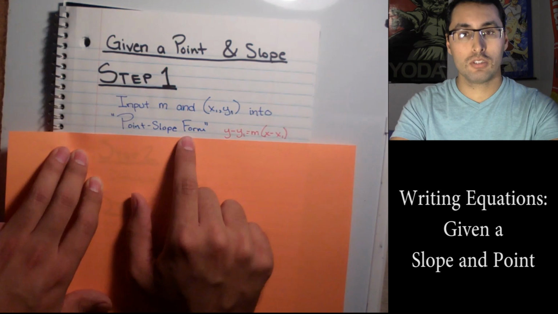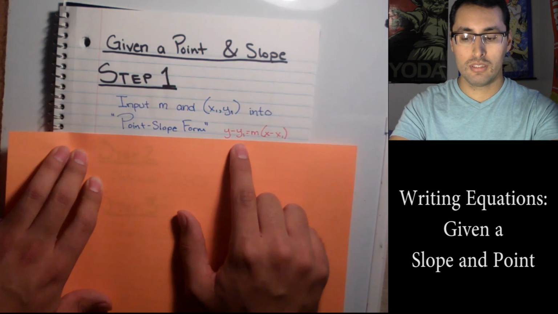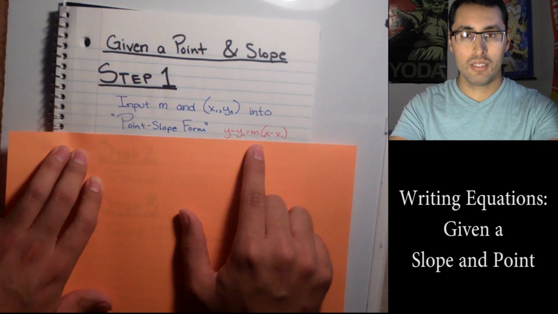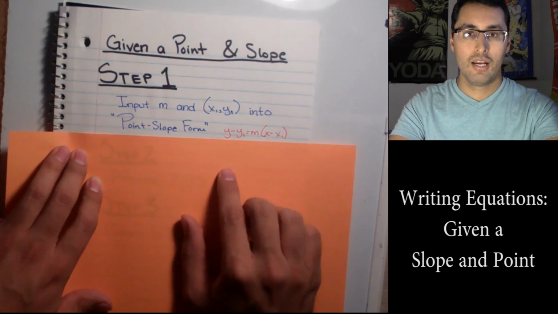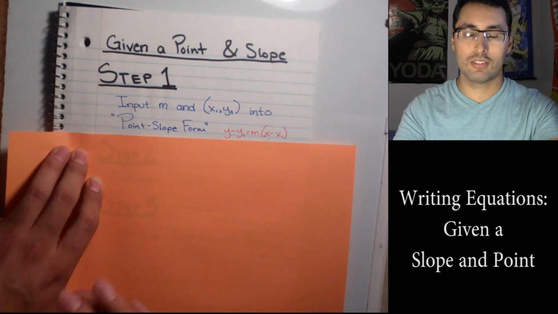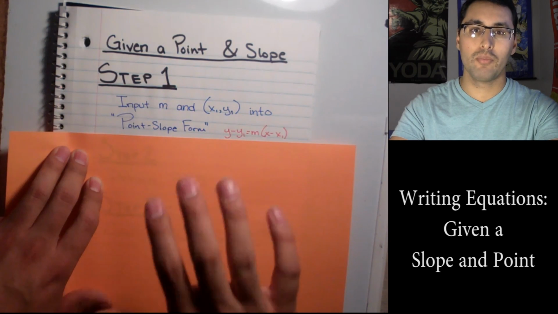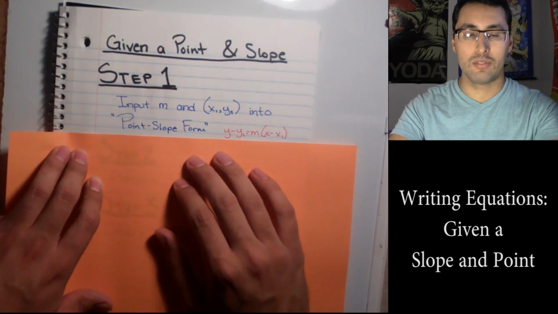Point-slope form is y minus y1 equal to m times x minus x1. This is just a formula. You can use other formulas for this. There are a bunch of different ways to solve this, but for me this is the one I found most useful in writing the equation.